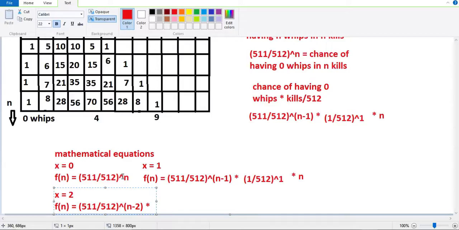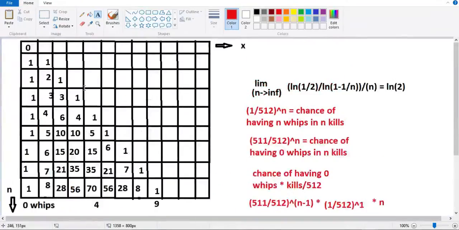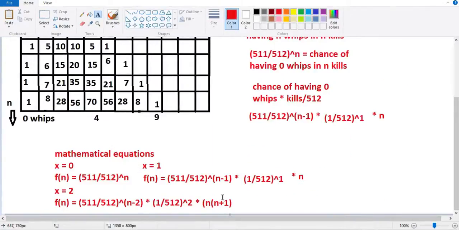Now, I'm going to write 1 in 512 first. 1 in 512 to the 2. Okay. Now this is going to be very, very hard to understand, but times n plus 1. And now it might be n minus 1, so let me just replace one number in the equation because this moves down, so I think it's n minus 1.